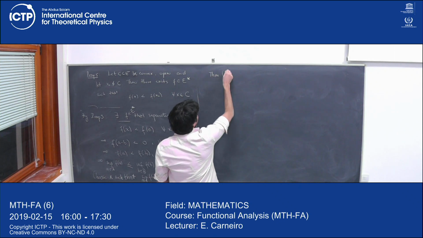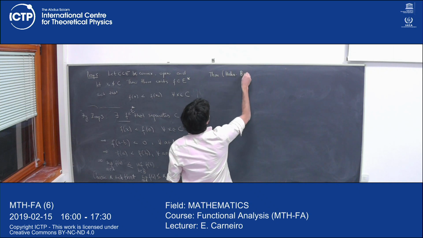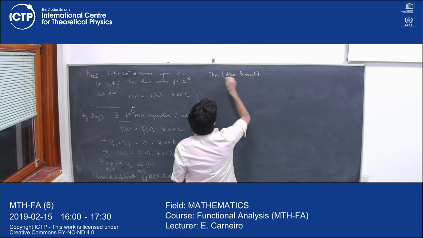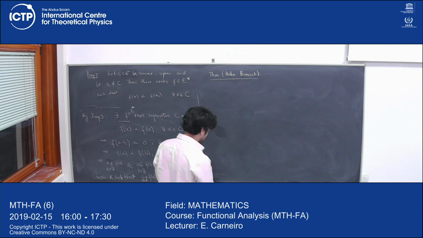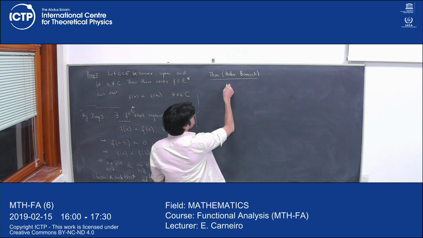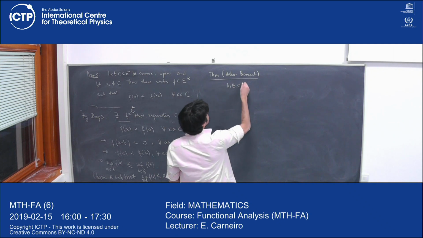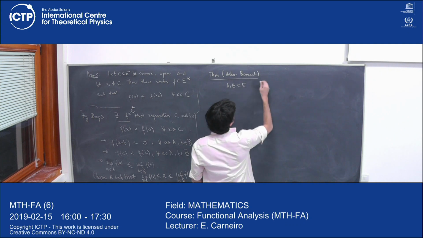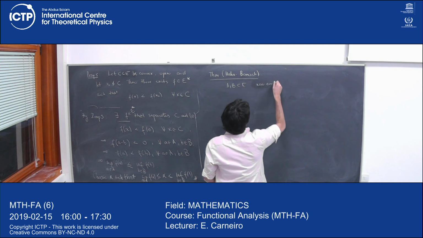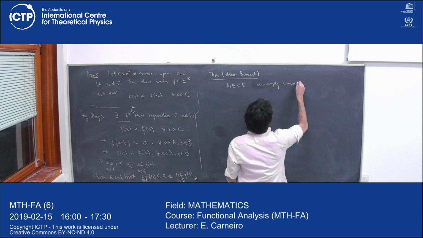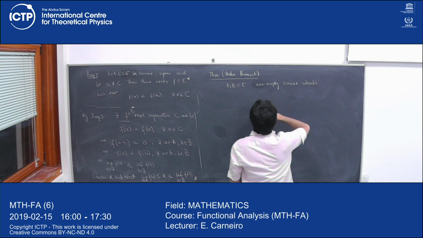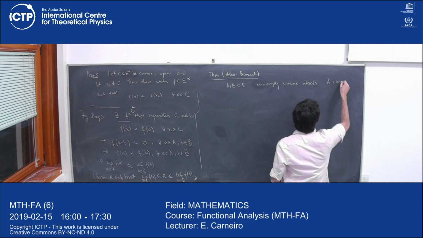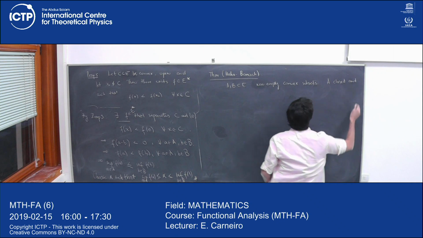Let me just comment on this particular situation, the same situation as before: A and B contained in E, non-empty convex subsets. Now I want the situation where A is closed and B is compact.